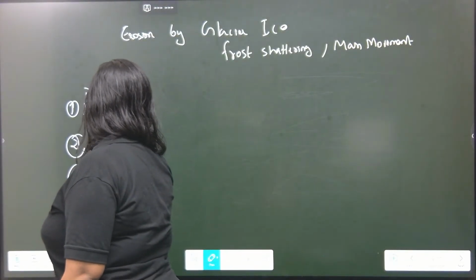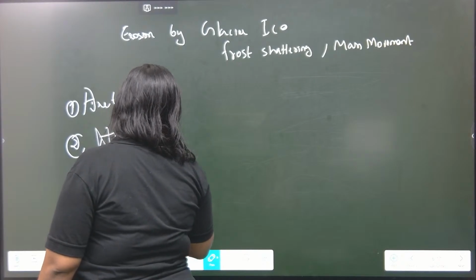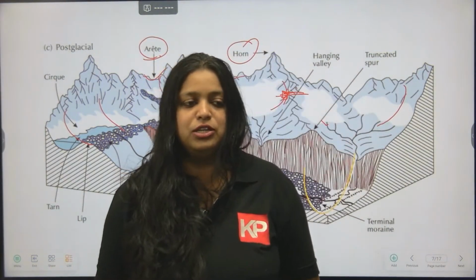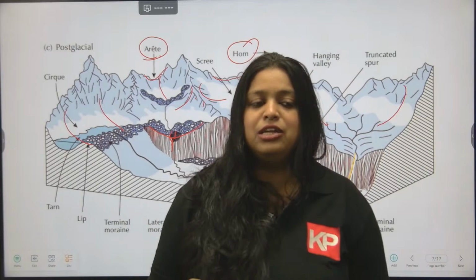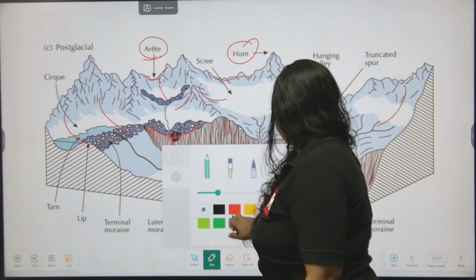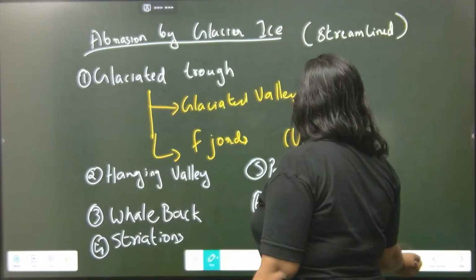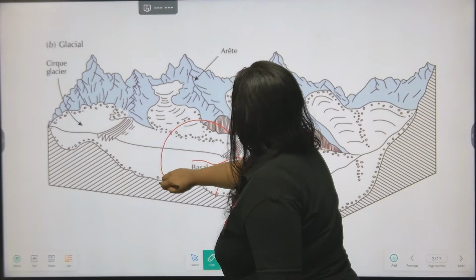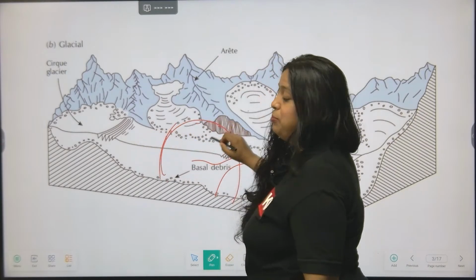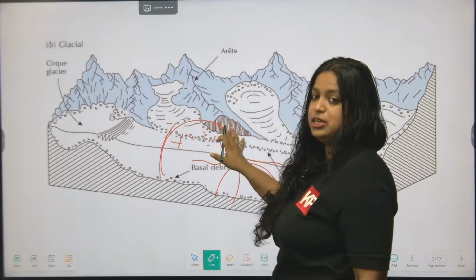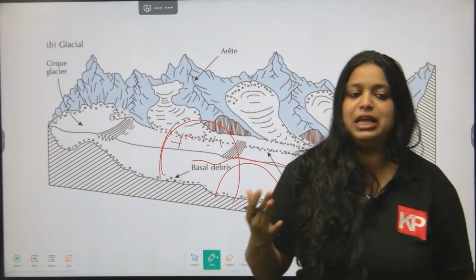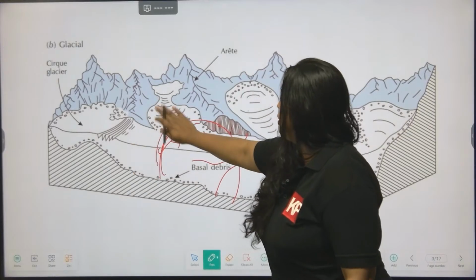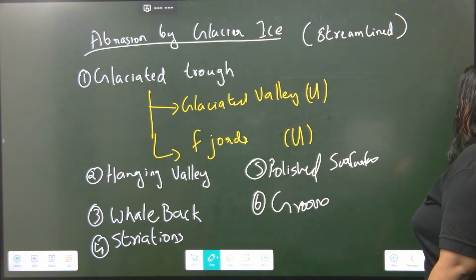Next, the third one is nunatak. It's not shown over here. Nunataks are unglaciated islands of bedrock. Imagine a huge bedrock was present over here, and the glacier is not touching the top of the bedrock. So this bedrock is not being eroded by the glacier, there is no glaciation happening on this particular bedrock, and that's what is called a nunatak.